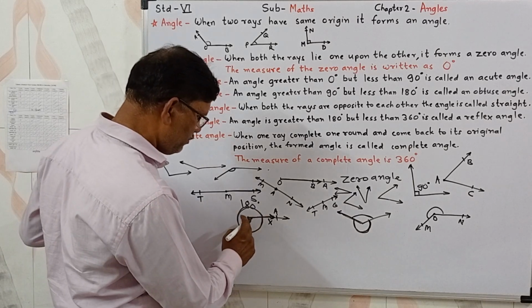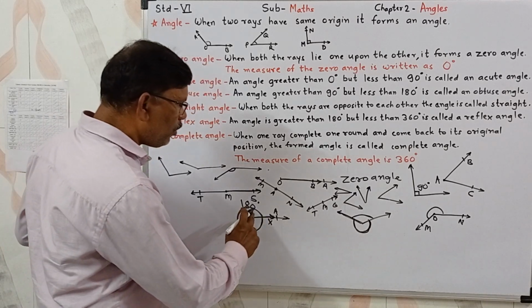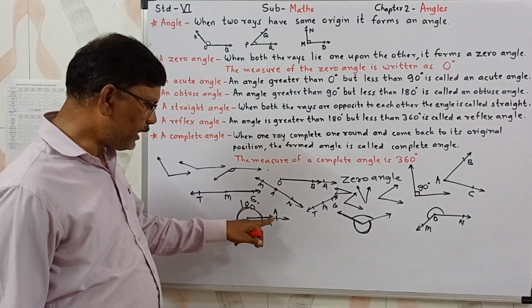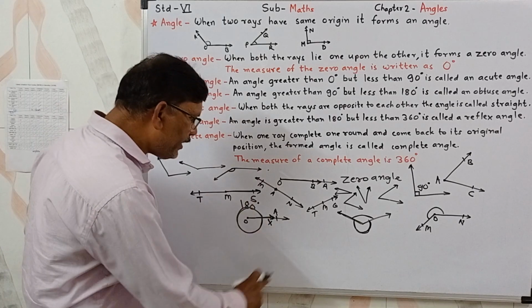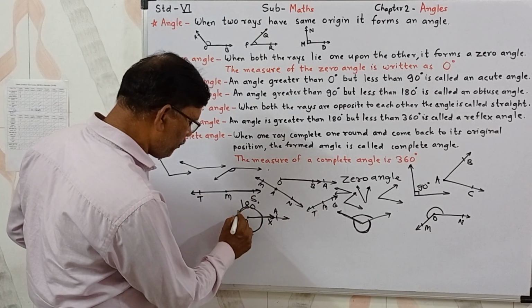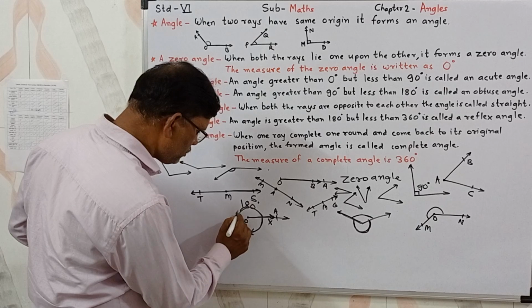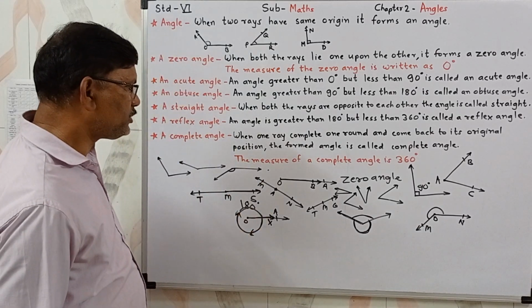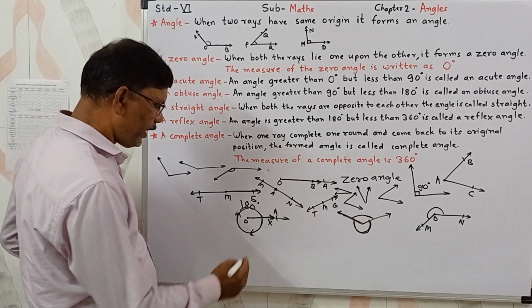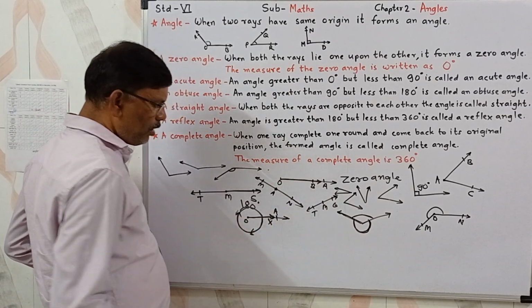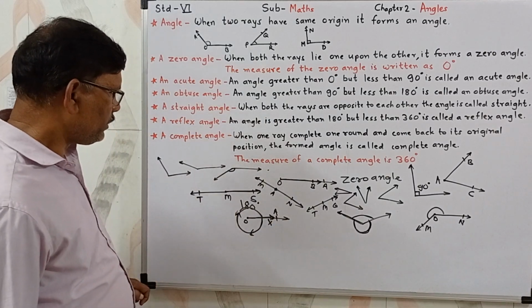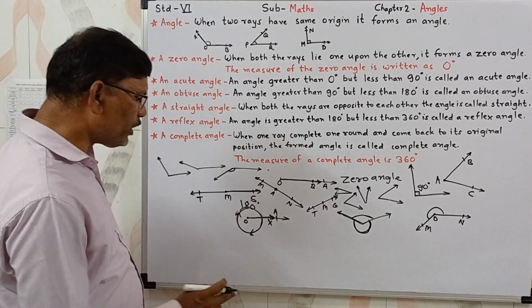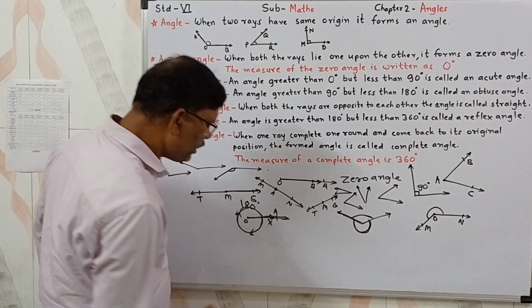When one ray, meaning OX, completes one round and comes back to its original position, this is its original position.